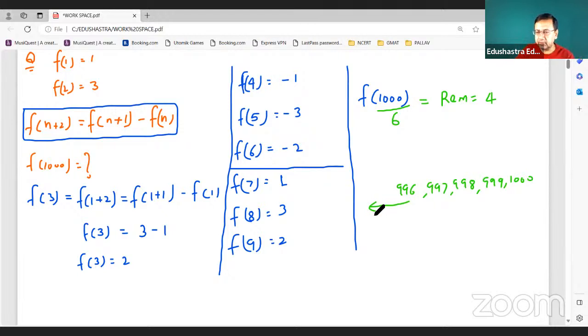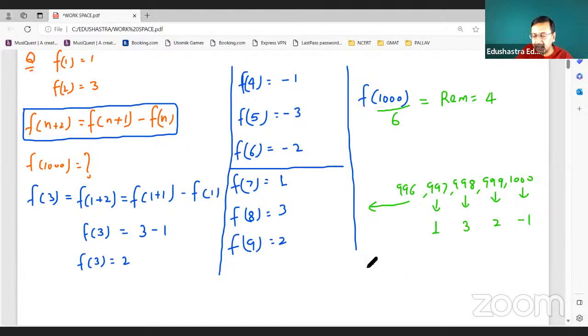This continues till 996, and the last 4 elements remain ungrouped. The function cycle will get repeated, so these values will be coming out to be 1, 3, 2, and -1.